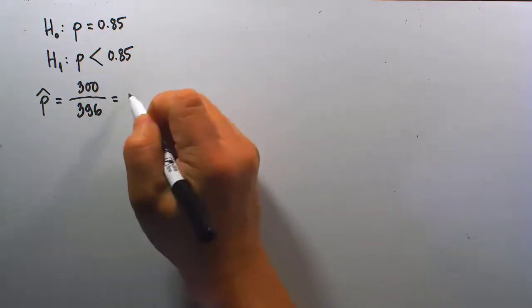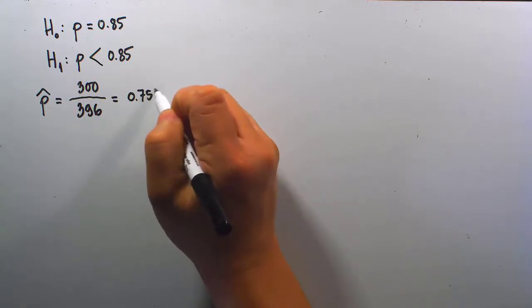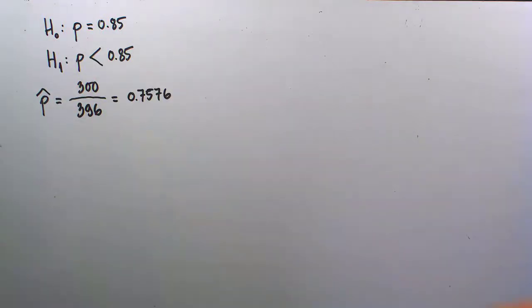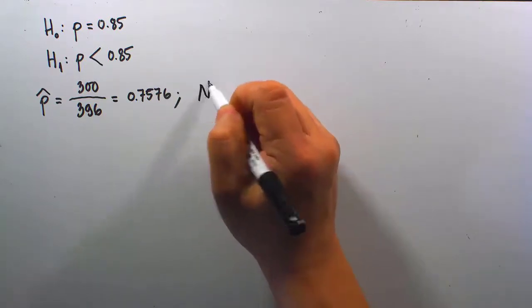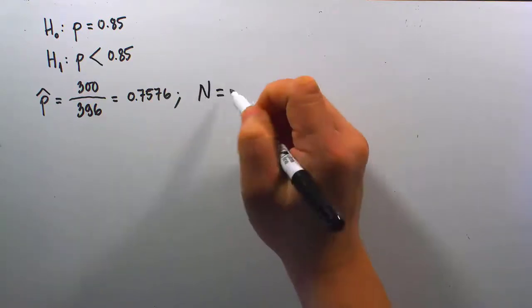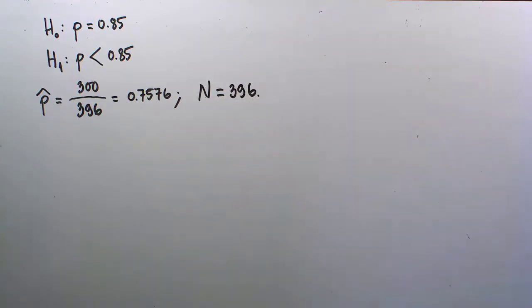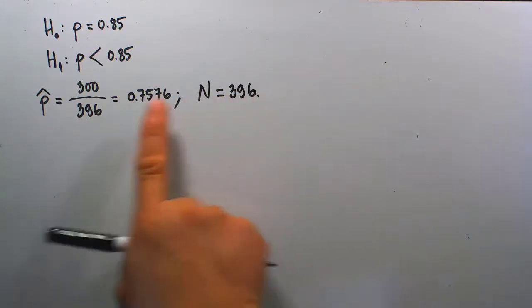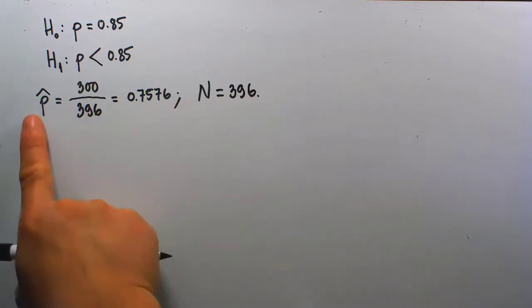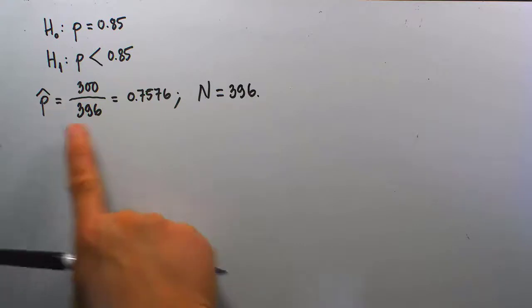And that came down to 0.7576 in 4 decimal places. And of course, our sample here is at sample size 396. Now for me to start bringing in the explanations, what we use here is one sample, and we only have time and effort to pick one sample.